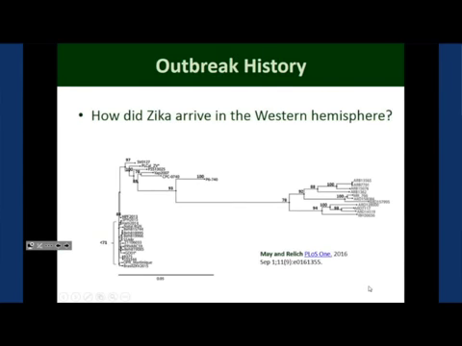Okay, so just to give a quick view of the outbreak history and where this came from. This is a maximum likelihood phylogenetic tree that my colleague and I generated using whole genomes from several Zika virus strains. The way that you read these in a nutshell is, the shorter these lines are, the more closely related those strains are.